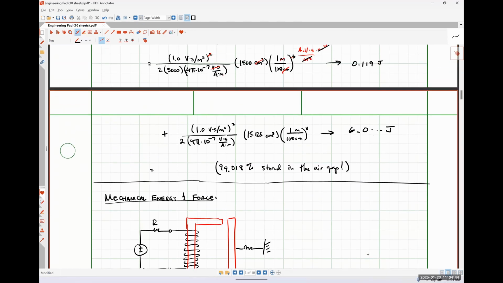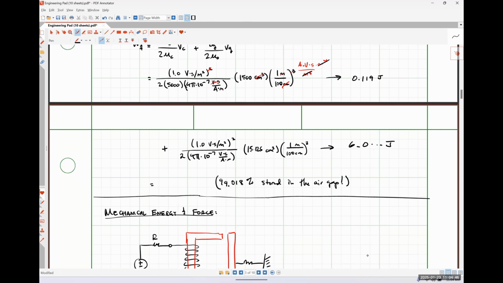Let me fix that. Let me just throw that bit in my calculator and I'll give you an exact answer really quickly. So 1 over 2 times 5,000 times 4 pi times 10 to the minus 7 times 1,500 over 100 cubed.